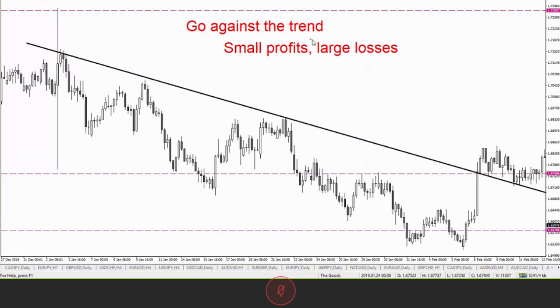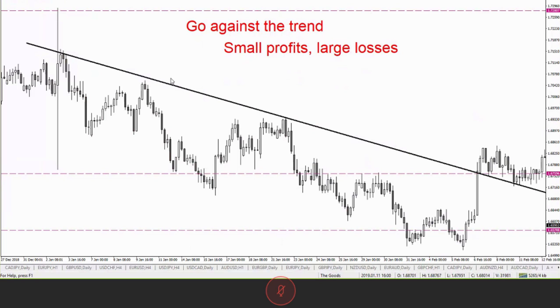That's where this data comes from. So they go against the trend and they take small profits and large losses, even though they generally have a better than 50% win rate.